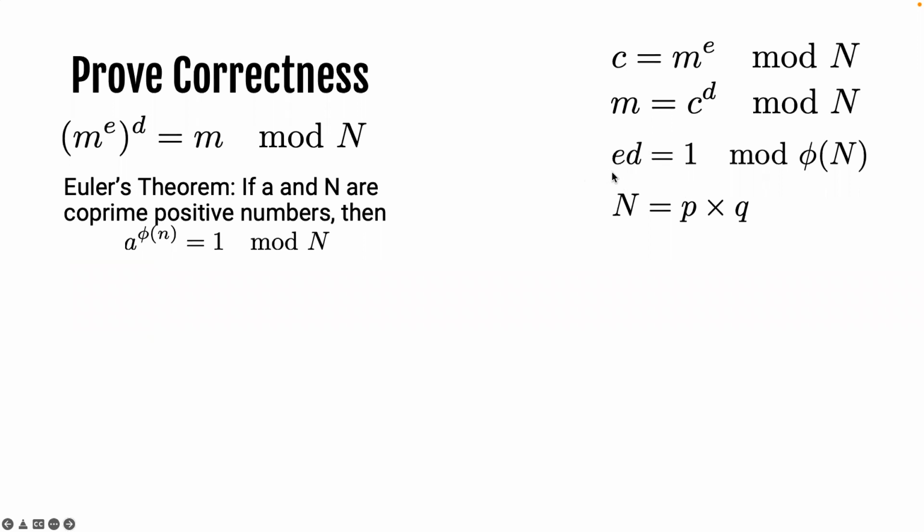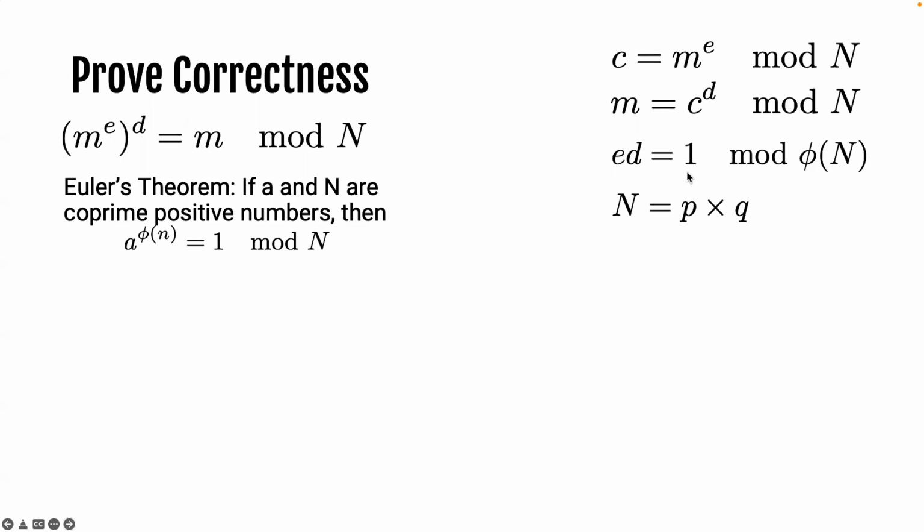When I have ed is equal to 1 mod phi n, it means that if you divide ed by phi n, you will get the remainder of 1.